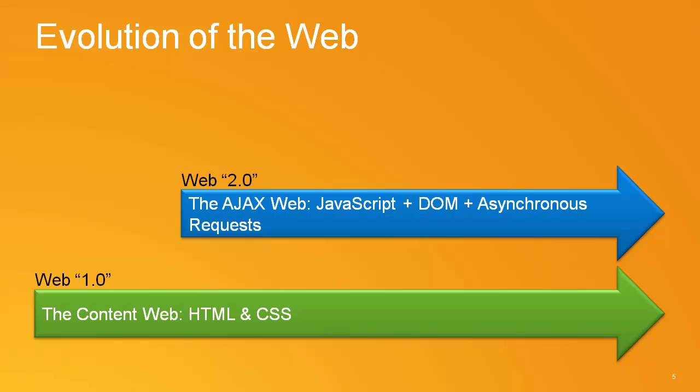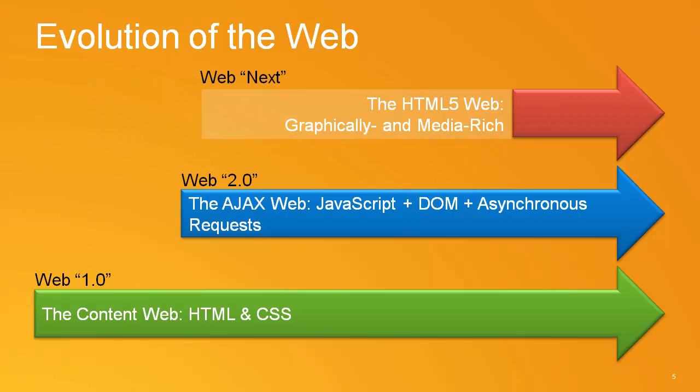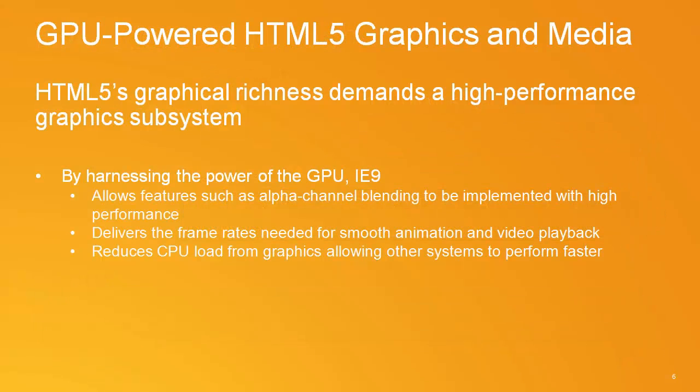One of the first examples of this was Outlook, which introduced this to the browser with Internet Explorer 6 at the time, and then from there on it has been evolving, and now we have this web next, and that next is the HTML5 rich web, which is graphically and media rich, but is also native. We're talking that we're moving away from plugins, we're moving away from intermediaries, and HTML in itself is getting all of these powerful things that before were only available through either plugins or some native experiences.